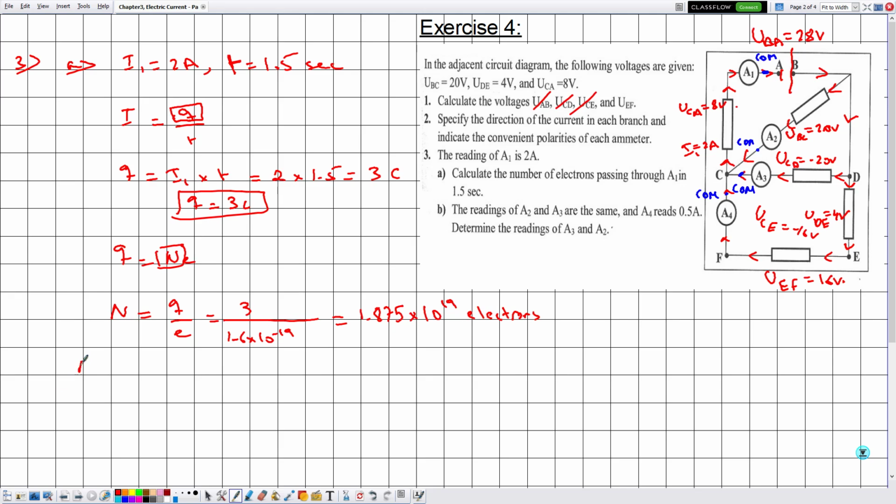Then N is equal to 1.875 times 10 to the power 19 electrons passing through A1, which is across the branch CA.